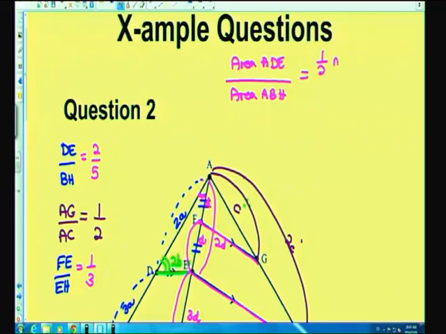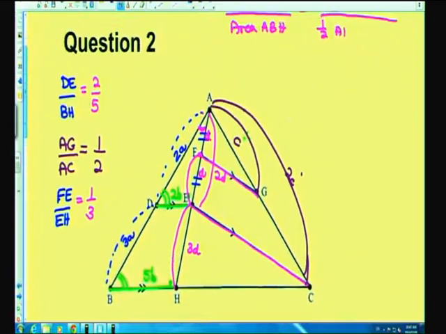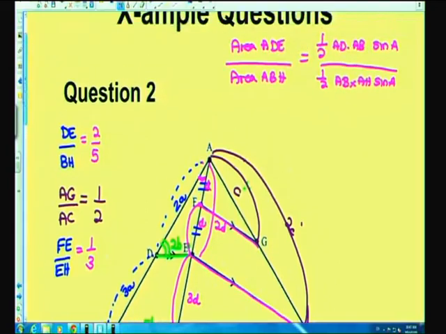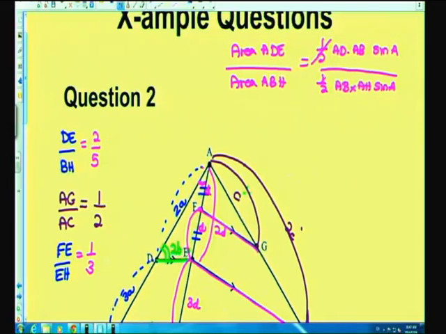So in this case, it would be AD times AB, the sine of angle A. And underneath, we would have a half of, I think it's AH. Let me just make sure I'm not giving you the wrong details. AB, sorry. AB times AH, the sine of angle A. Now that's good news because if we go back to that, we can see that the halves will divide out and the sine A's will divide out.